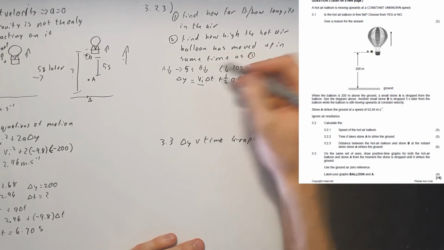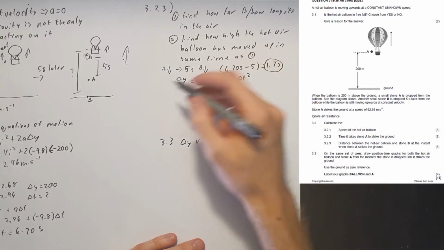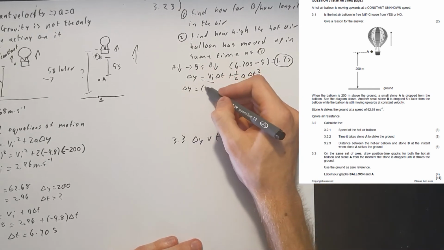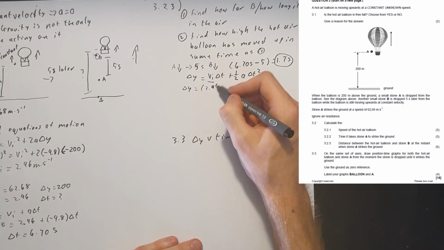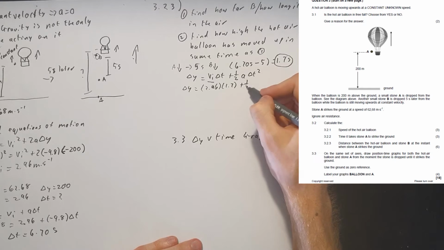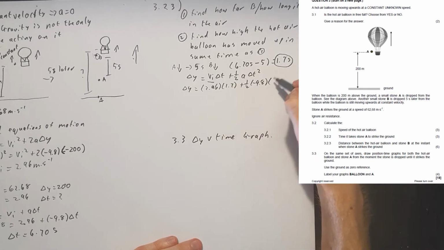I have my time and I have my acceleration, therefore we can calculate delta y. So delta y equals 2.96 times 1.7 plus a half, negative 9.8, remember it's acting down, times 1.7 squared.